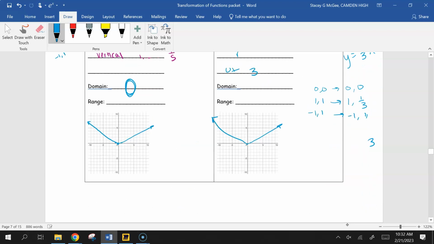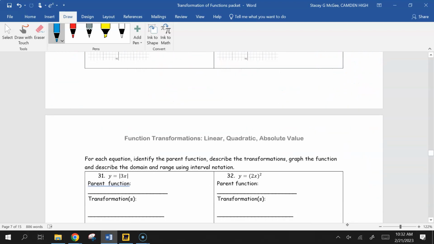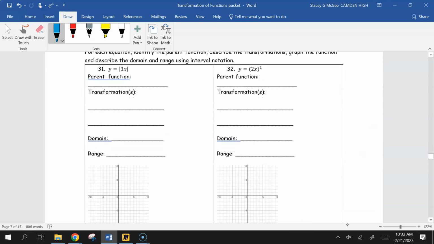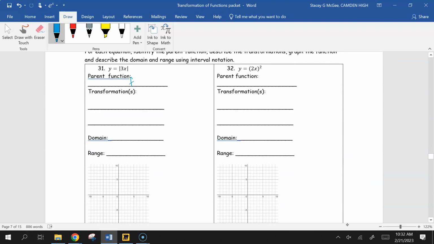31. Parent function, of course, absolute value. Vertical or horizontal? How do you know? It's inside. So I've got a horizontal. Is it a shrink or a stretch? A shrink of 1/3. Everything horizontal is opposite, so it flips.